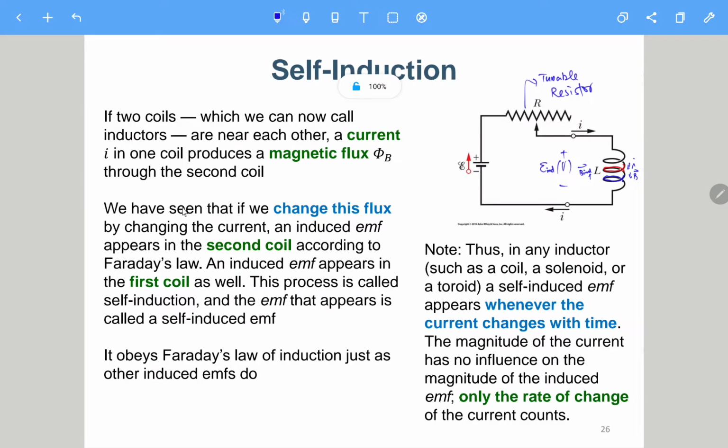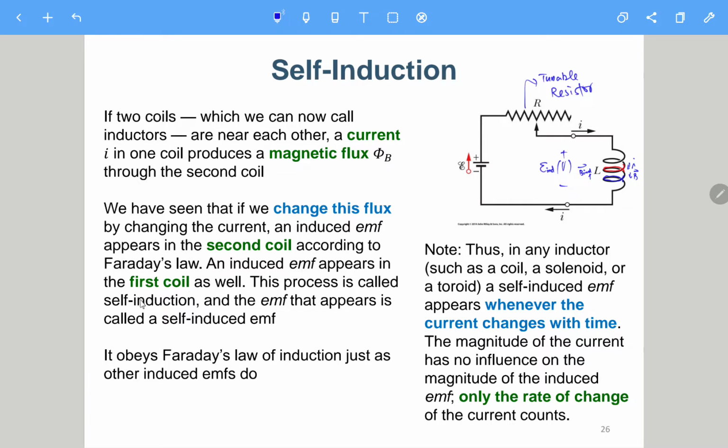Okay, so here it says we have seen that if we change this flux by changing the current, if we are increasing the current, an induced EMF appears in the second coil according to Faraday's law, and an induced EMF appears in the first coil as well.